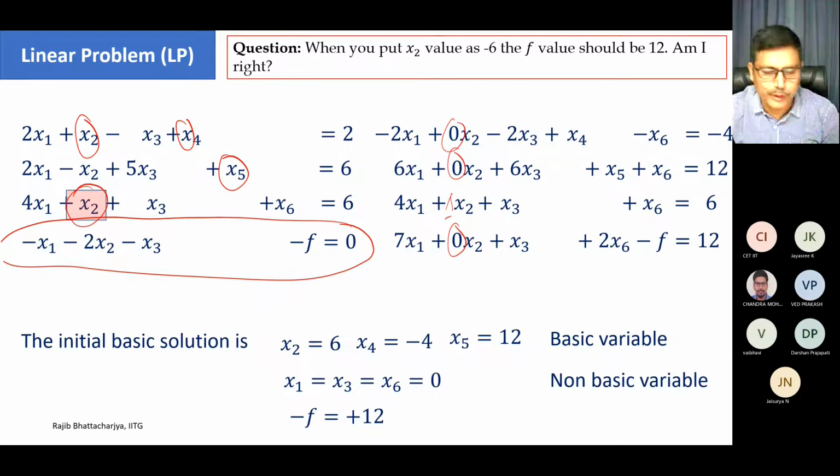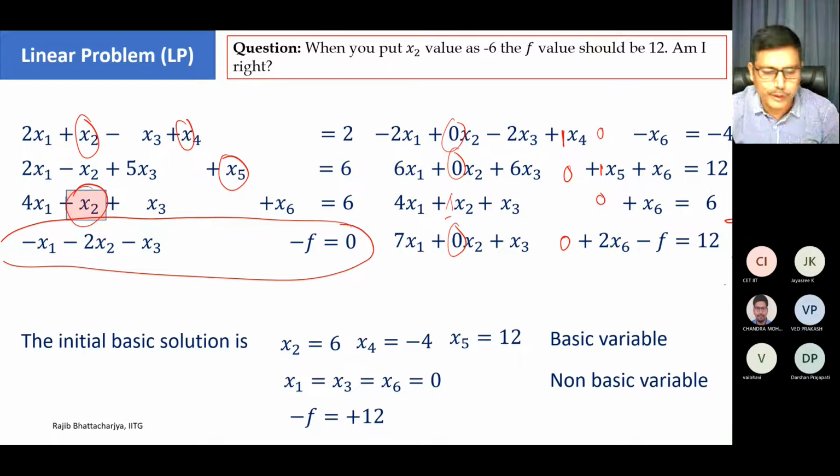I have applied the row elimination method. Here I'm making this 0, and this 0. Then x4 already has 1, and for the others it is 0. And x5 also has 1 here, and 0 and 0 elsewhere.